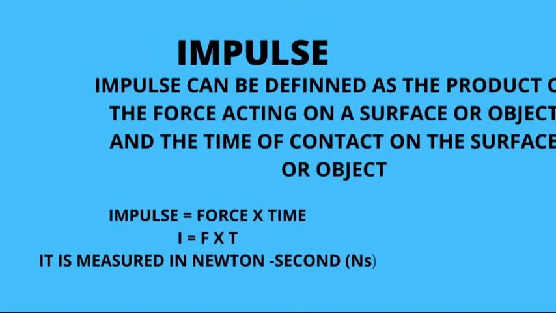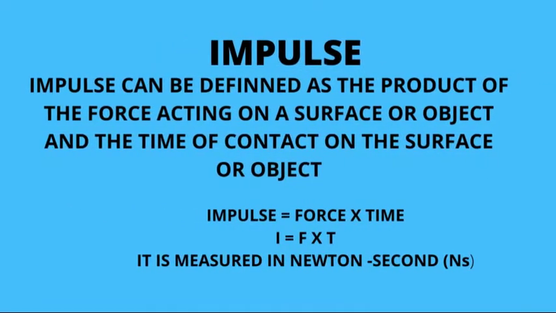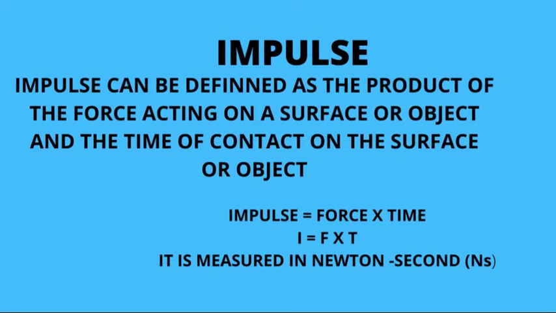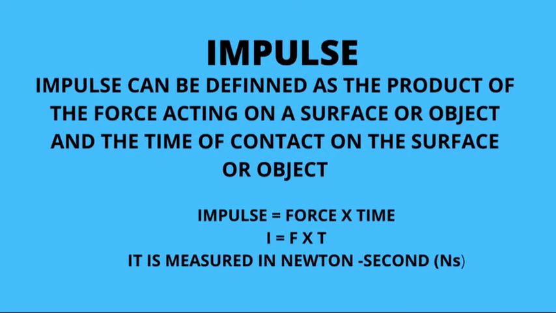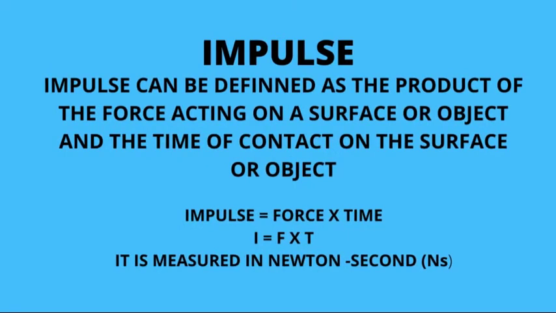And then we'll go to impulse. Impulse can be defined as the product of the force and time of a force that acts on a surface. If a particular force acts on a surface, the magnitude of that force times the number of seconds that the force is in contact with the surface is what we refer to as impulse.